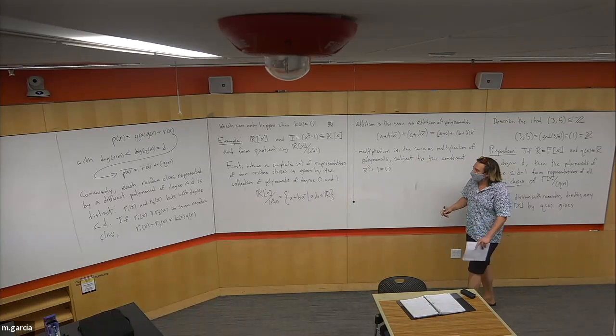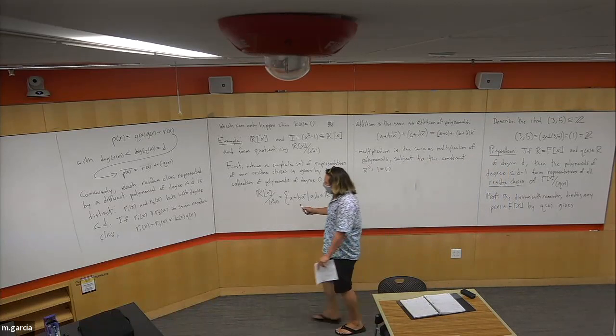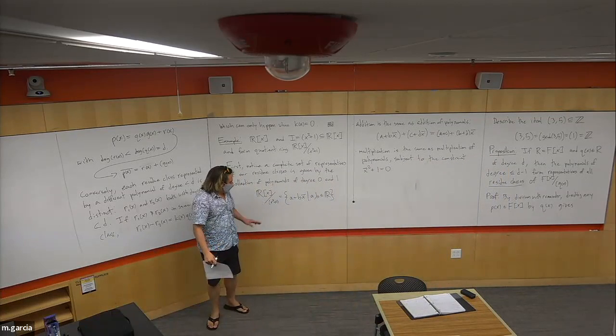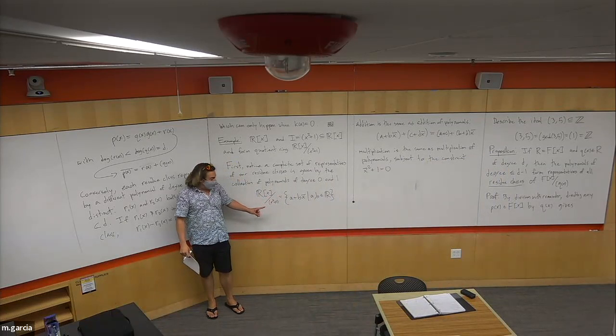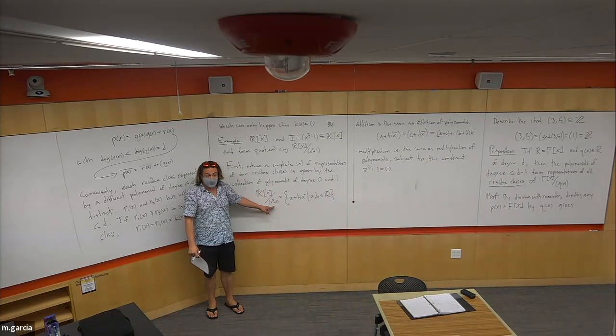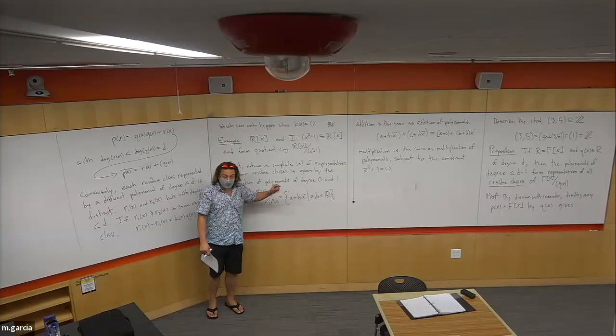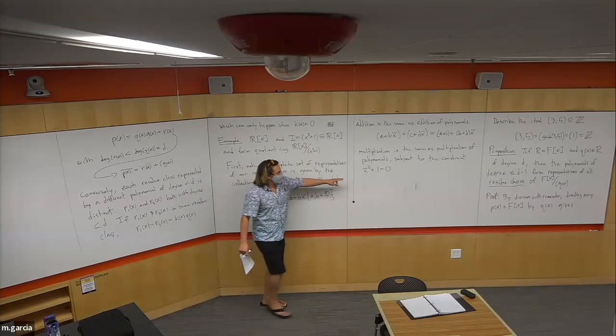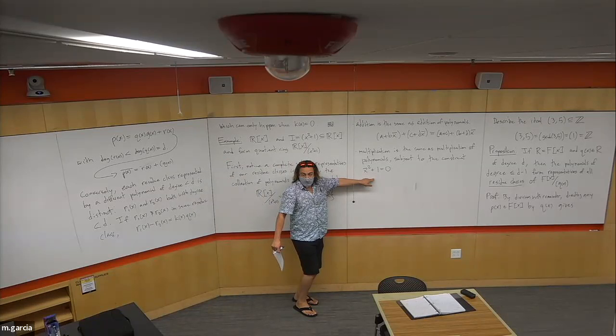Because remember, when we mod out by an ideal, we send everything in that ideal to 0. Specifically, we're sending the generator to 0. When we look at the residue class of this polynomial, we know that's equal to 0. That's exactly what I've said here.